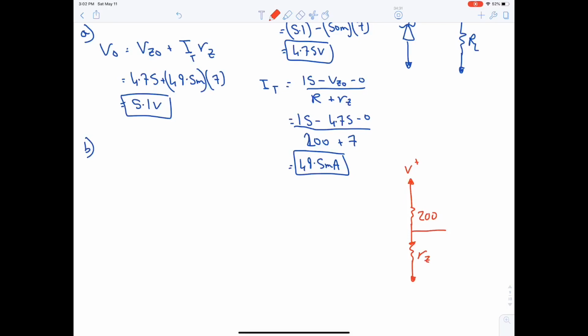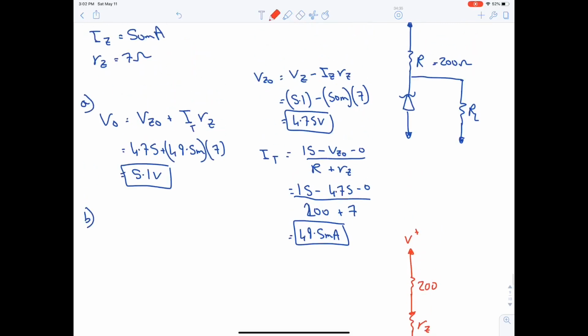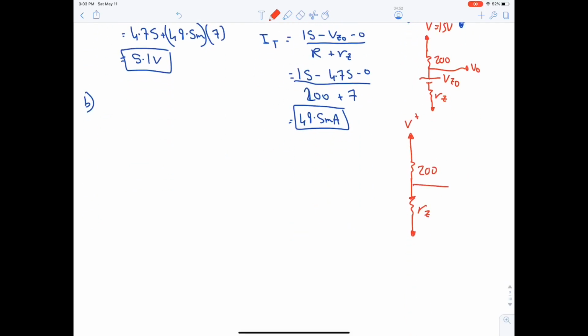Okay, and we do not have a load resistance. Part A actually said that there's no load resistance, so the circuit will be like this: 15 volt, 200, and because the Zener is on, it will be Vz naught plus Rz grounded, and this is V naught. There's no load resistance.